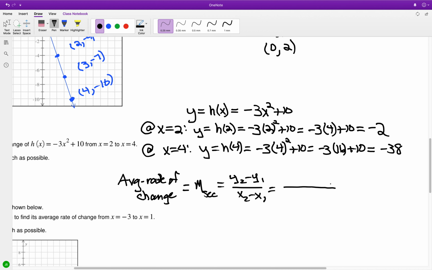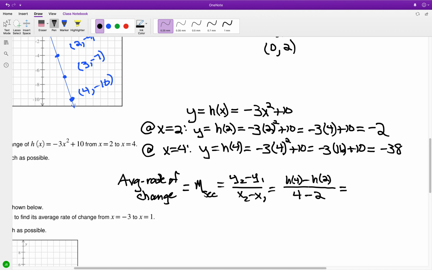Representing your y2, you have h of 4, and your initial y value is h of 2, and then x2 minus x1 is 4 minus 2. That's the change in x.